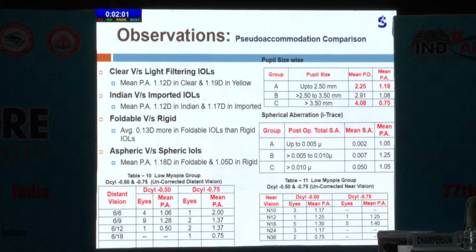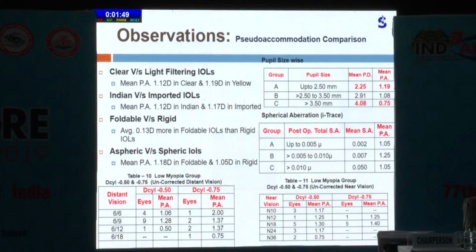Clear versus light filtering, Indian versus imported IOLs, foldable versus rigid, aspheric versus spheric, we did not find significant difference in the pseudo accommodation. However, with pupil size, when it was less than up to 2.5, it was a maximum of 1.19 diopter, and with more than 3.5, it was less.